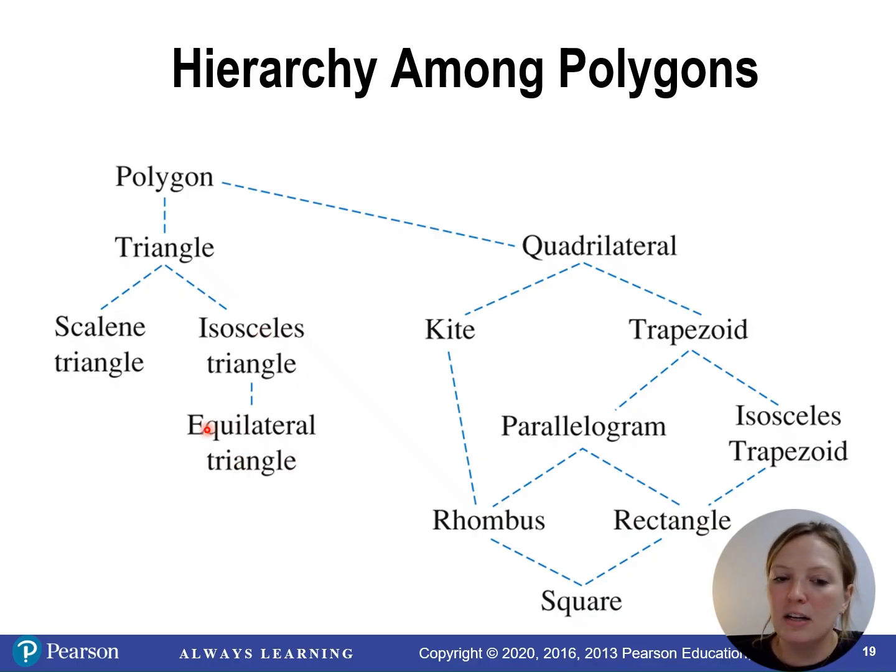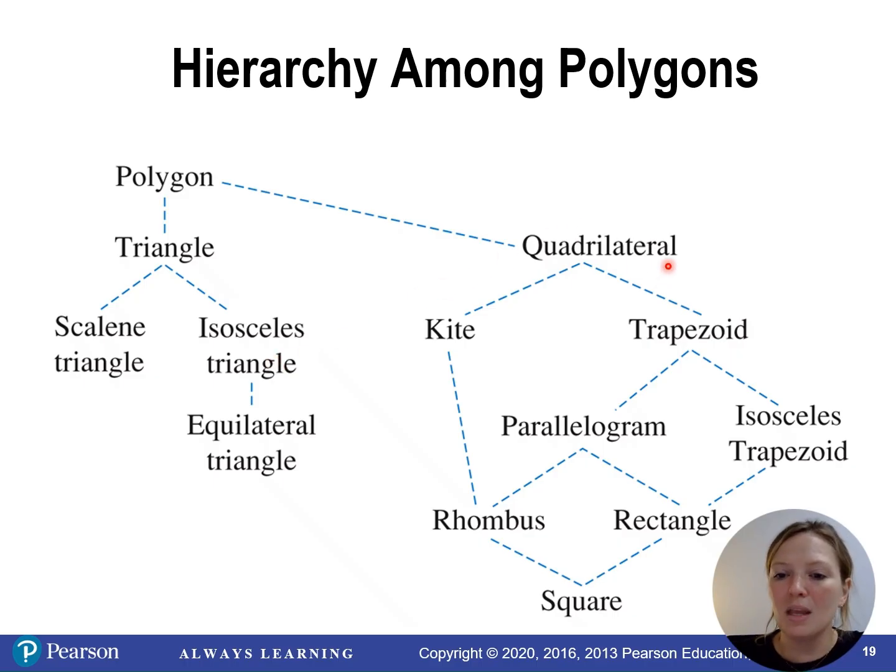Finally, equilateral triangles are also isosceles triangles, because equilateral triangles have three congruent sides and isosceles triangles have at least two congruent sides. So all equilateral triangles are isosceles triangles, all isosceles triangles are triangles, and all triangles are polygons. I could say that an equilateral triangle is a type of triangle, or it's an isosceles triangle as well.